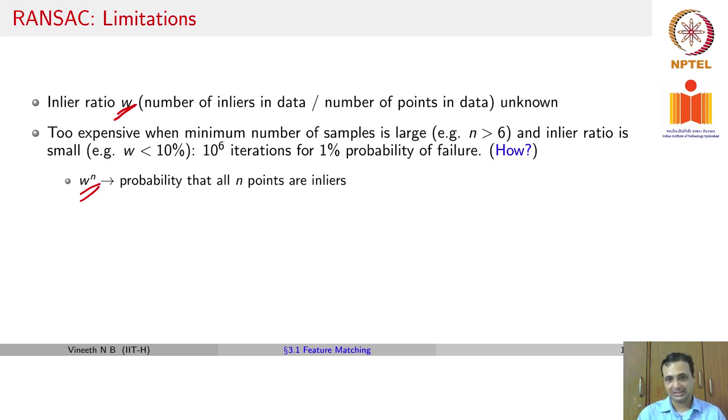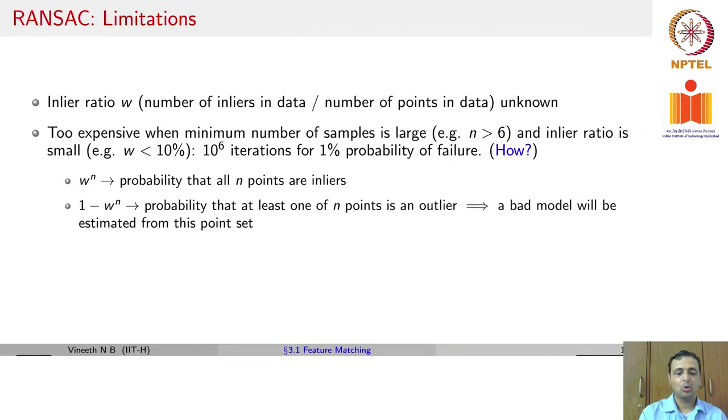So you pick n points, the number of points you have to pick to be able to solve for this model. W power n is the probability that all n points are inliers, which means 1 minus W power n is the probability that at least one of those points is an outlier.